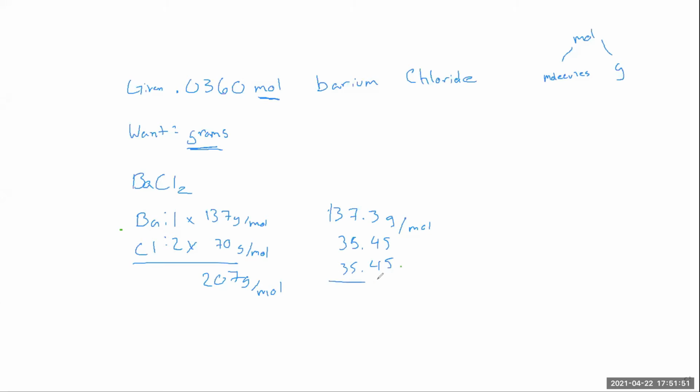Okay, so we can add these up. And do we all remember how to take into account sig figs when we're adding? Daisy, do you remember how to do sig figs when we add?